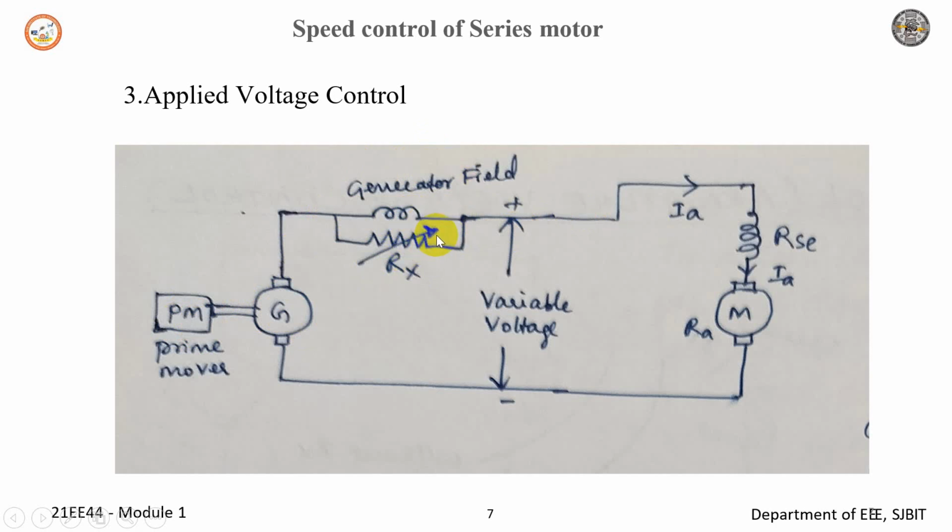As a result, the generator EMF, which is directly proportional to the flux, changes, giving a variable voltage at the output terminal of the generator. Due to the change in the supply voltage, various speeds of the DC series motor can be obtained.